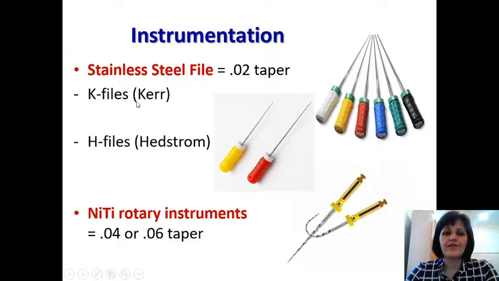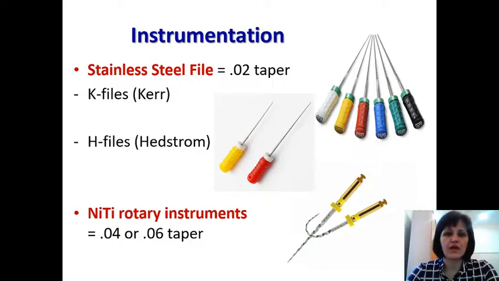There are K-files, from the name Kerr, and H-files, from the name Hedstrom. They have different structures of the working part of the instrument: the working part of K-files and a different structure of the working part of H-files.